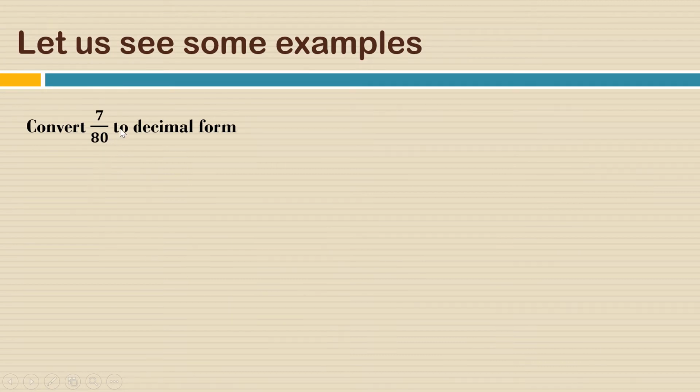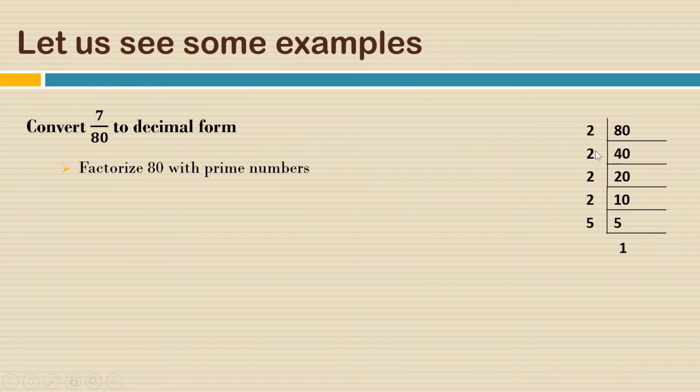Next is 7 by 80. 80 is not a power of 10. Then factorize 80 with the prime numbers. 80 equal to 2 into 2 into 2 into 2 into 5. There are 4 2's and 1 5.